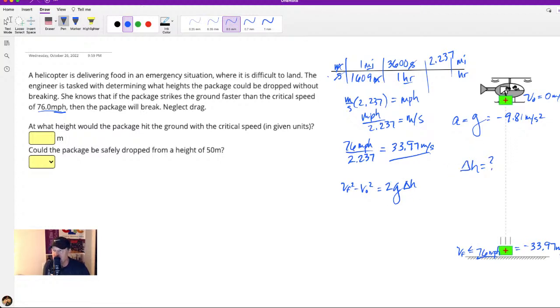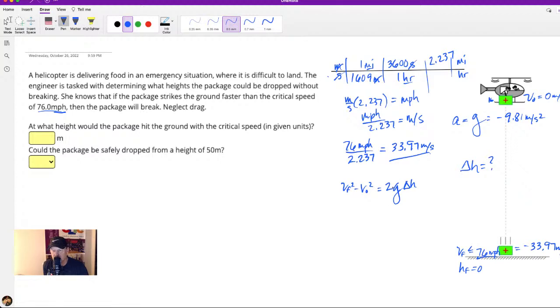So our change in height is going to be from somewhere up here. The height final is going to be 0. So that means our change in height is going to be negative, right? It starts out positive and ends up at 0. So final 0 minus whatever positive number, 0 minus a positive number, is a negative number. So our change in height is going to be negative. G is going to be negative.